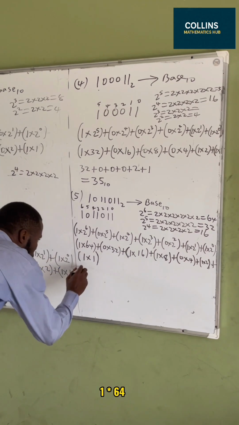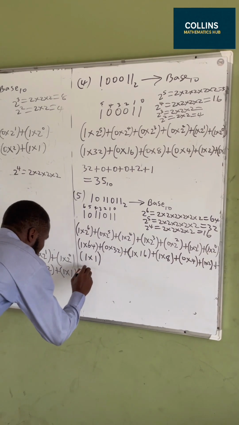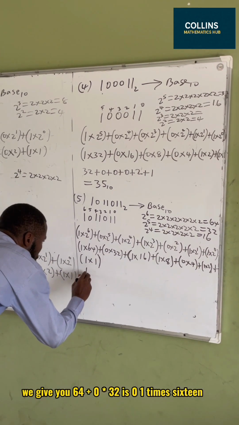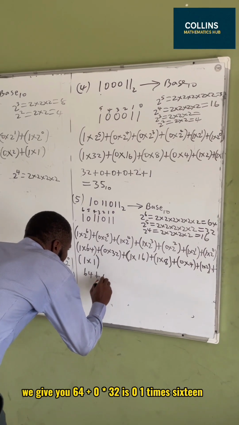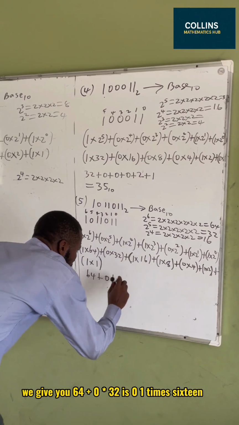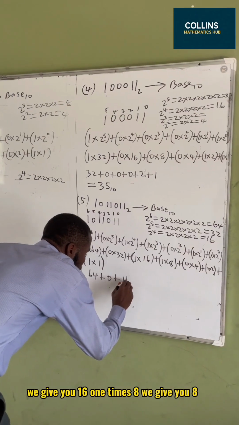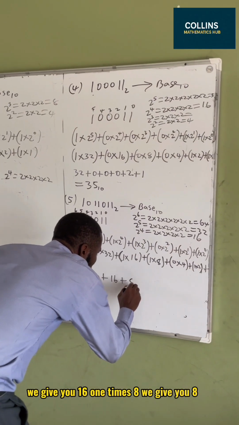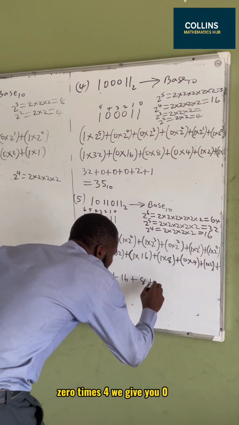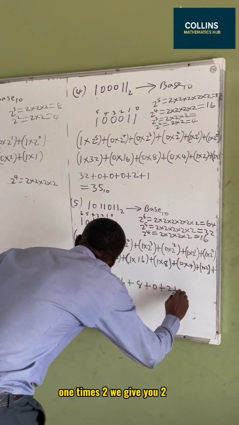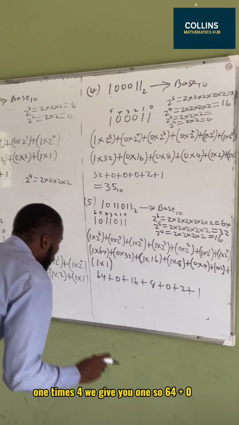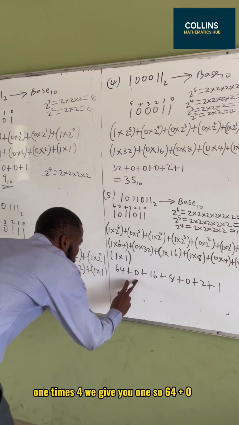So let's put the bracket. 1 times 64 will give you 64, plus 0 times 32 is 0. 1 times 16 will give you 16. 1 times 8 will give you 8. 0 times 4 will give you 0. 1 times 2 will give you 2. 1 times 1 will give you 1. So 64 plus 0, what is it going to give you?